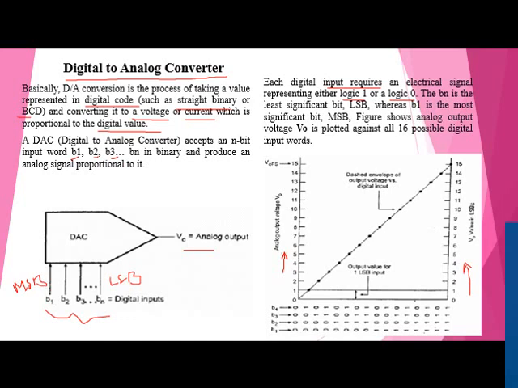For example, the binary value 0001 corresponds to 1 volt, which is the output value for 1 LS bit.